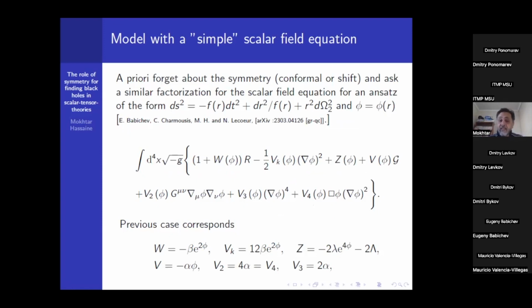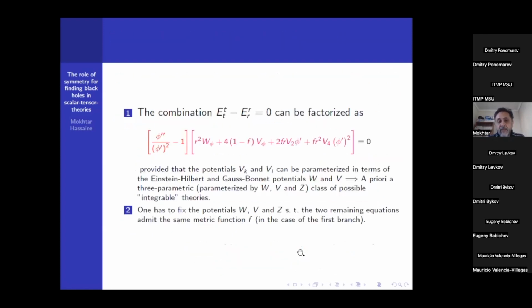As I said, we have to forget about conformal and things like that because we know that the previous action was the most general. So what we decided to do is to consider the most general potential in the action. In the previous case, W was given by that, but now we consider the most general function of phi.